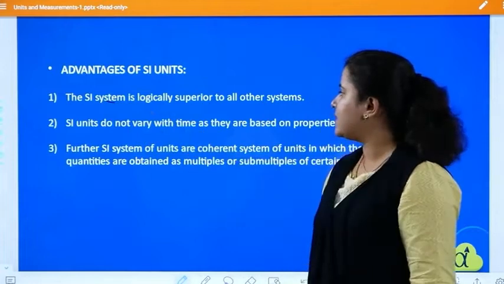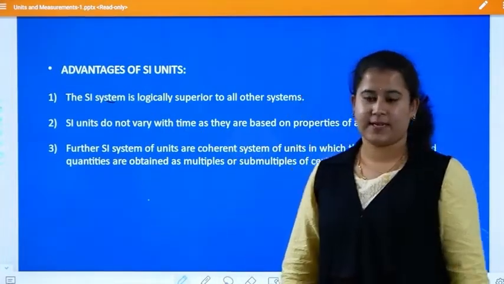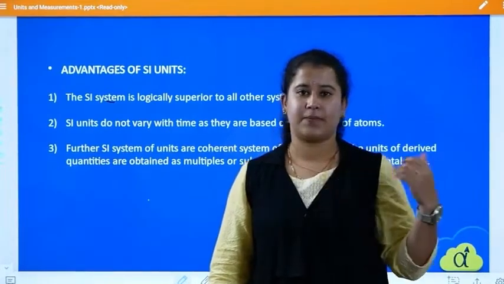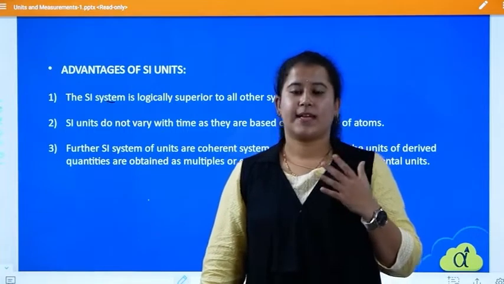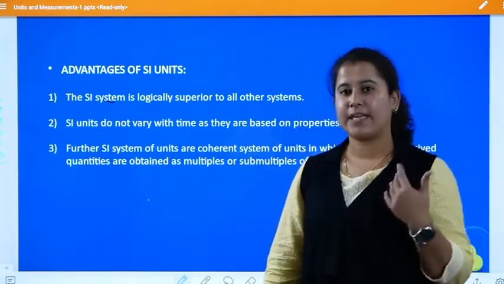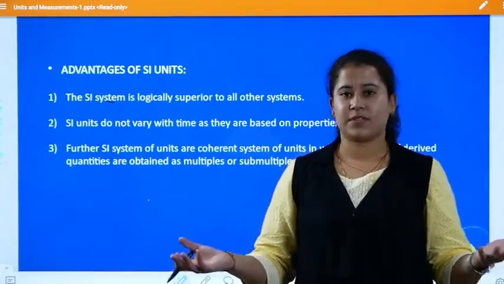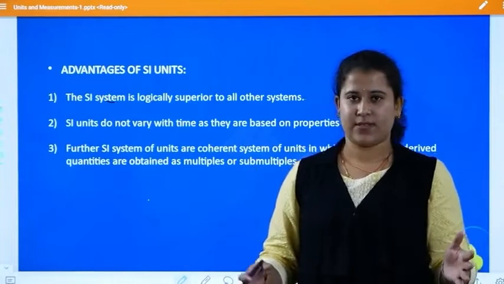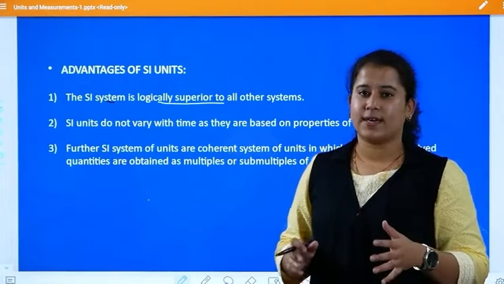The SI system is logically superior to all the systems, whether FPS, CGS or MPS. Even today some countries, especially British countries, use the FPS system, but while communicating theories, discoveries and inventions, they use SI units. So it is logically superior to all the other systems.